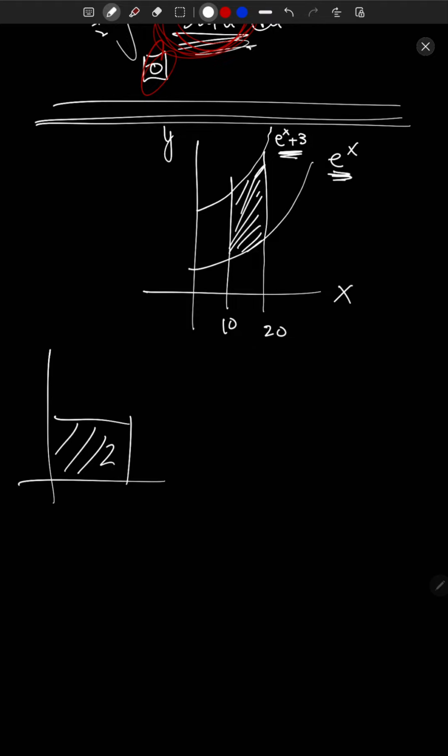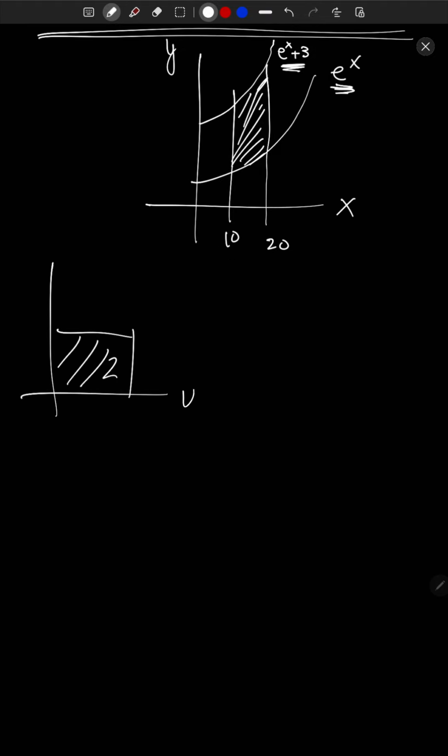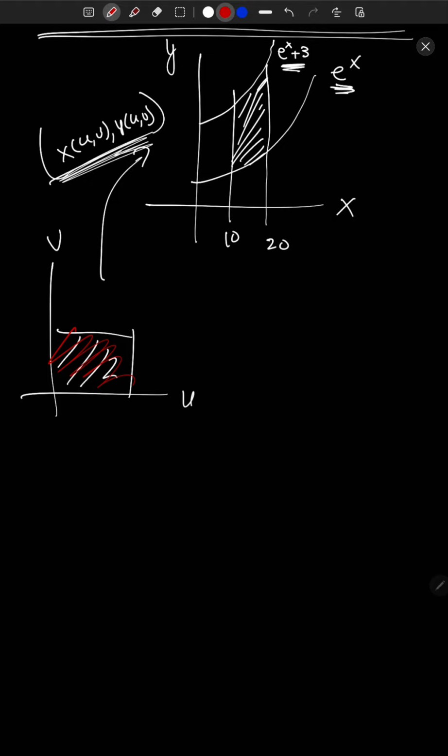How would you do that? Literally the same idea. So in uv, you want to discover a mapping, x of u comma v, comma y of u comma v, right? Where the rectangle goes to this horrible looking region up here. Okay. How would you do that?